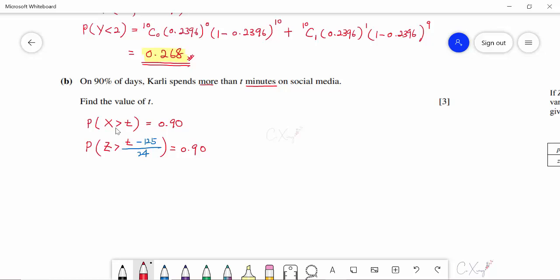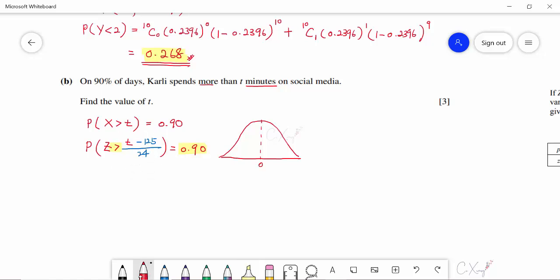After this step, we have many different ways to get the correct answer. For me, usually I will just sketch the diagram for a normal distribution. This is 0. First you need to know that 0.90 is a large area, already more than half of the graph. We are having z greater than a value, equal to 0.9.